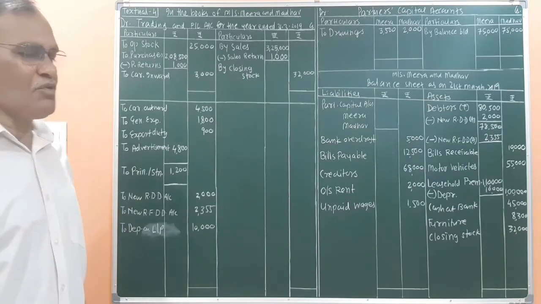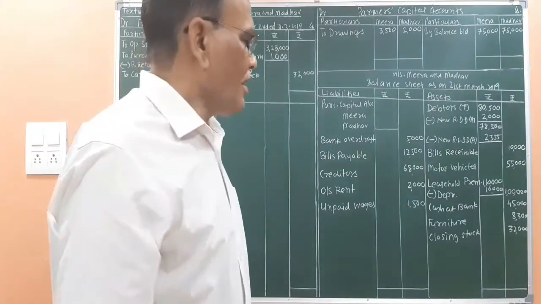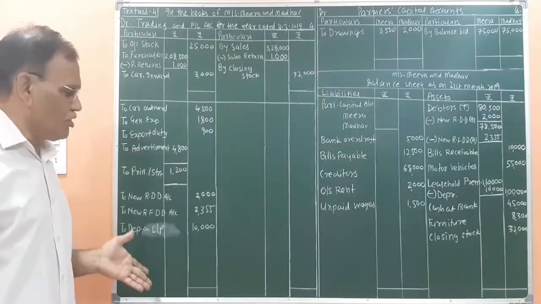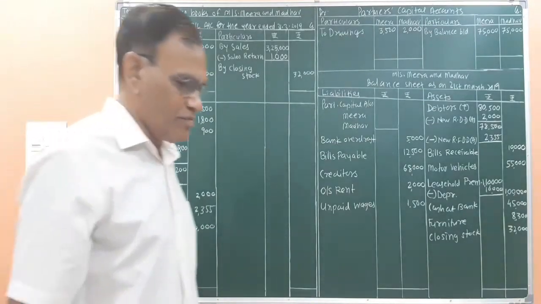You are having the textbook, so you can see in the textbook and make out what these items are, because I am writing in short because of the spacing problem.